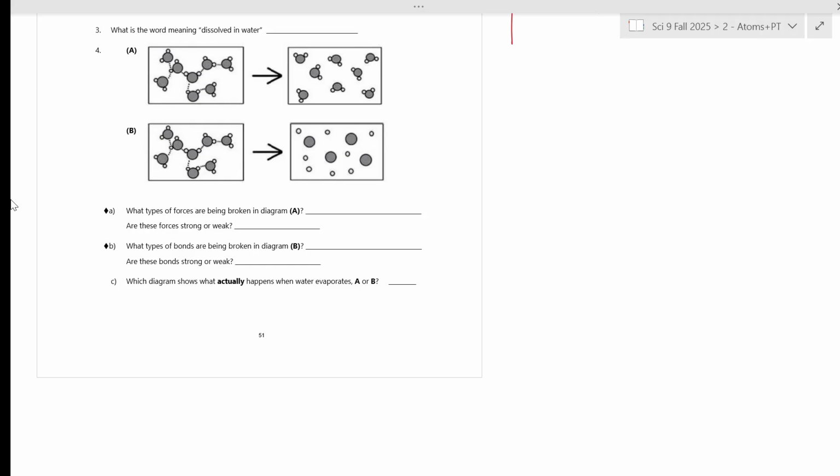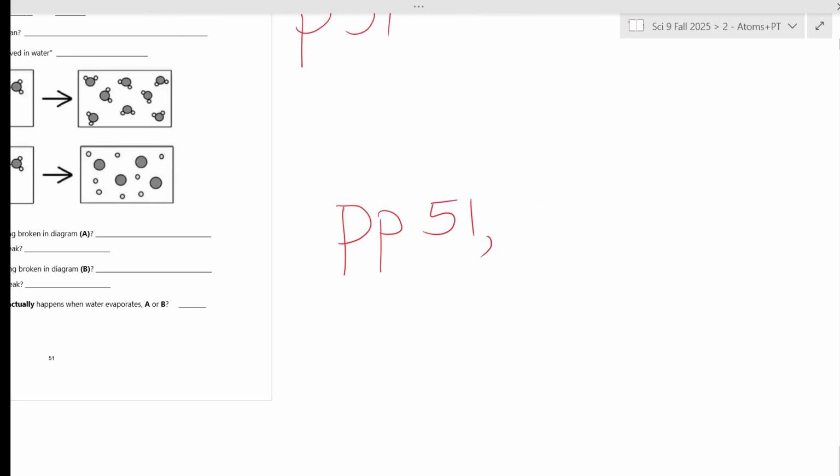Folks, we're also going to do pages 56 and 57. If you want to work ahead, you can also do 58 and 59.